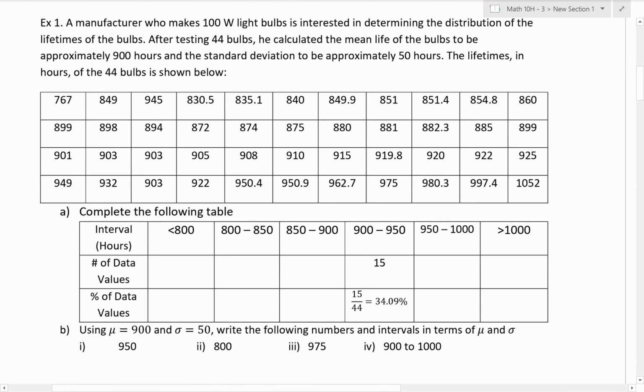So here is the table that shows the lifetime of these bulbs, and we are going to convert this into the following table. We're going to count how many light bulbs are less than 800 hours. That's one of them, so this will be 1 out of 44, and if you put this into a calculator, this is 2.27%. So go ahead and finish the rest of the table.